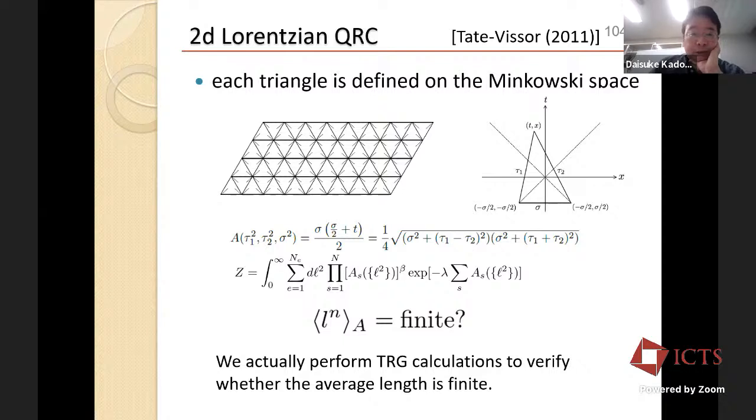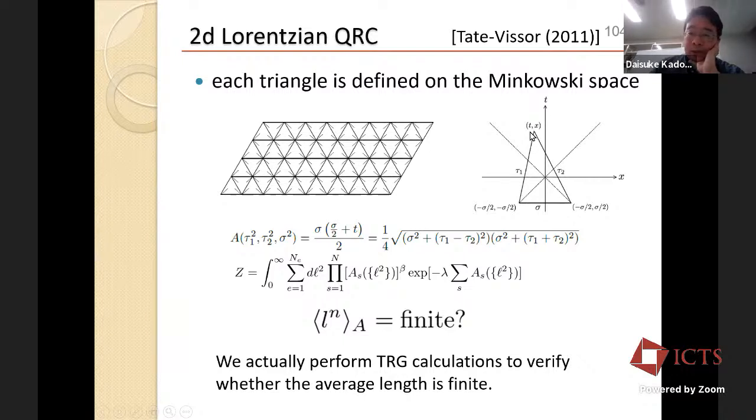And two vertices of a triangle are placed on a past light cone with a proper distance sigma. And the third vertex of the triangle is placed on the future light cone.